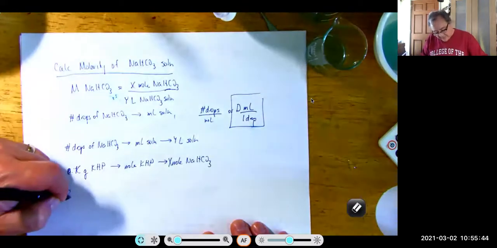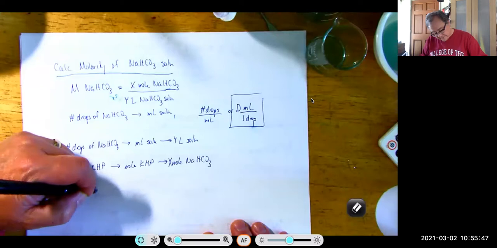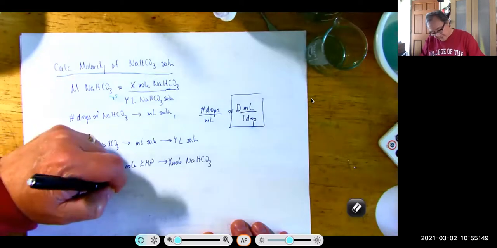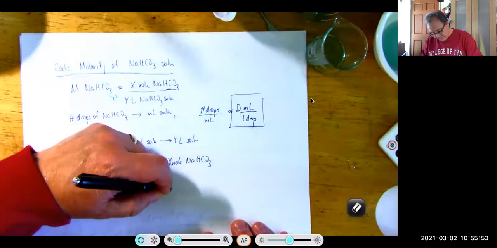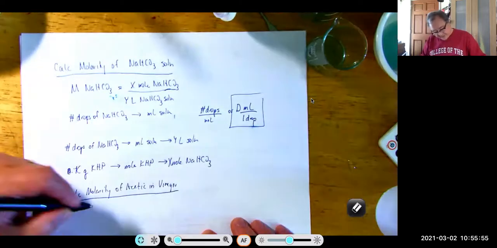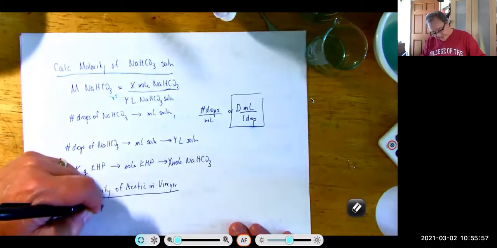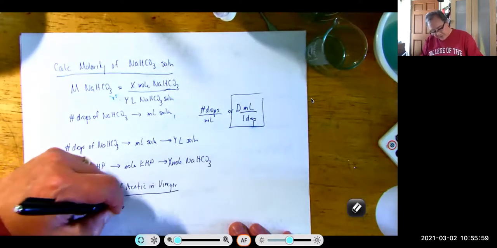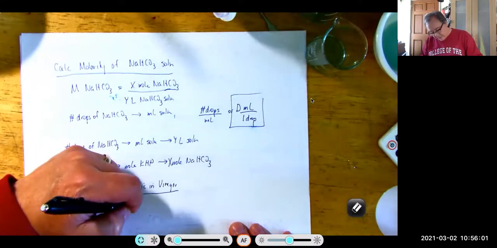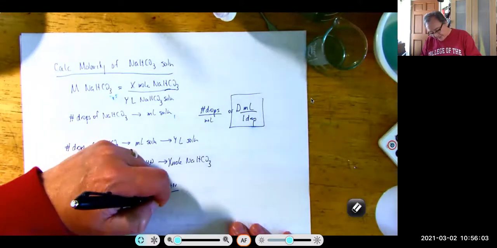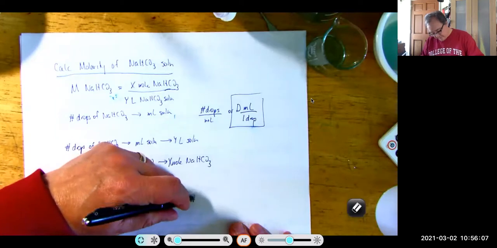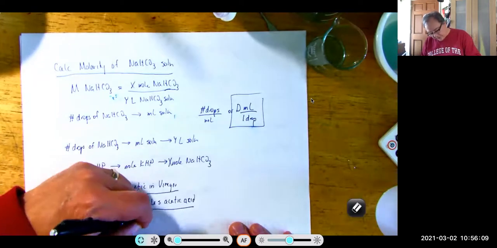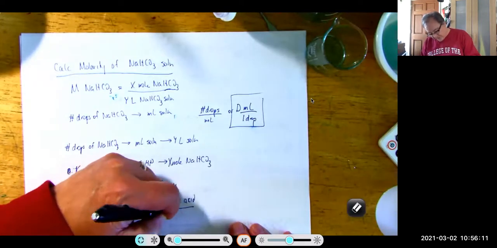Now, how do you calculate the molarity of acetic acid in vinegar? Well, you're going to do the same thing. To get the molarity of acetic acid, you're going to need the moles of acetic acid per 1 liter of solution, which is 1 liter of vinegar.